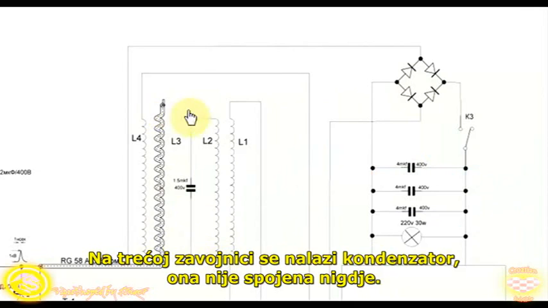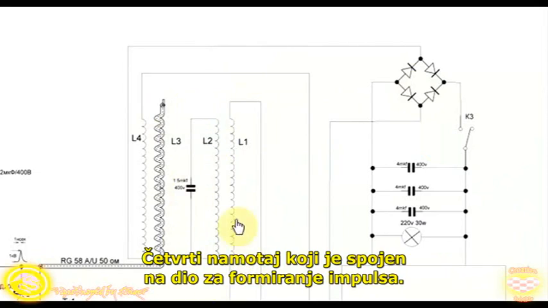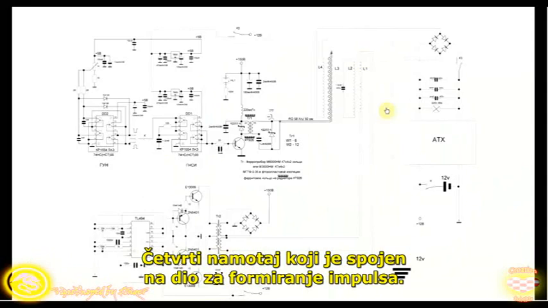Third coil is only with a capacitor, not connected anywhere. Fourth winding is connected to the impulse forming part.